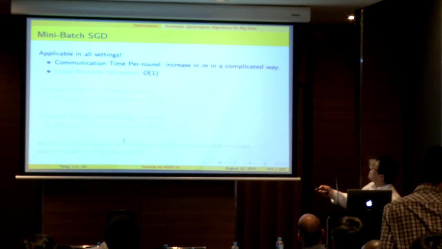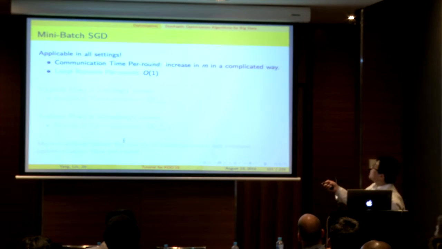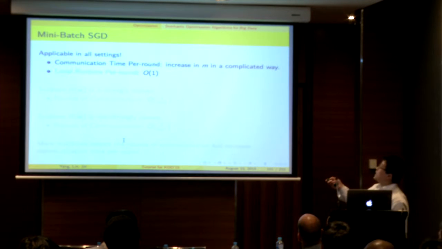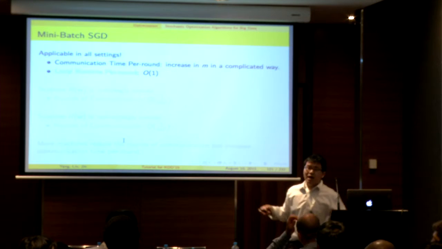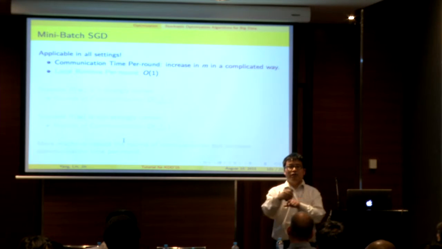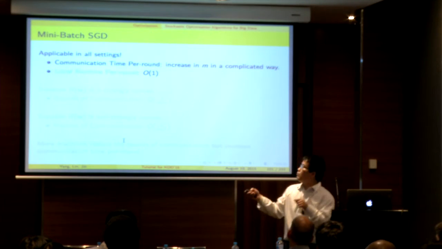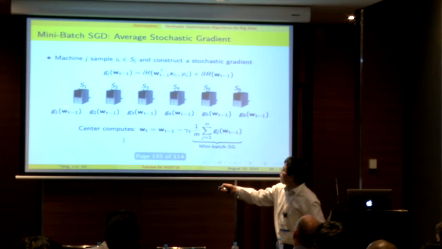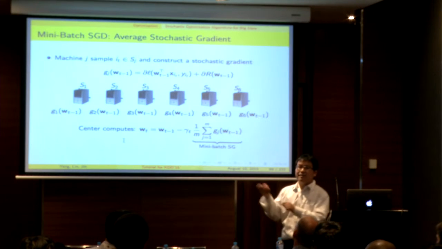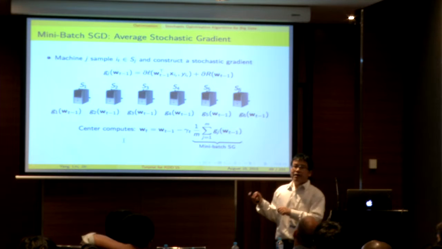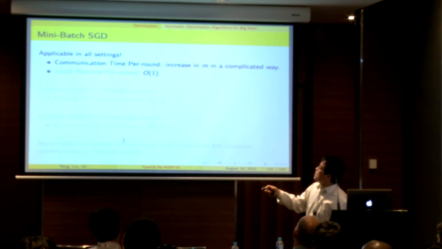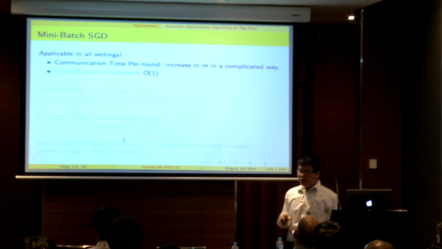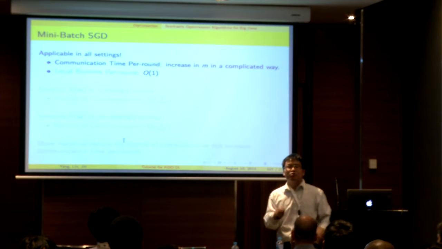Here, the communication time per round also depends on the number of machines in distributed optimization. The communication time per round is how much time it takes for a machine to send, for example, its gradient to the center, or to send something between machines. I don't want to draw a conclusion about the dependency of this communication time on the number of machines, because it really depends on network engineering and how you implement it.